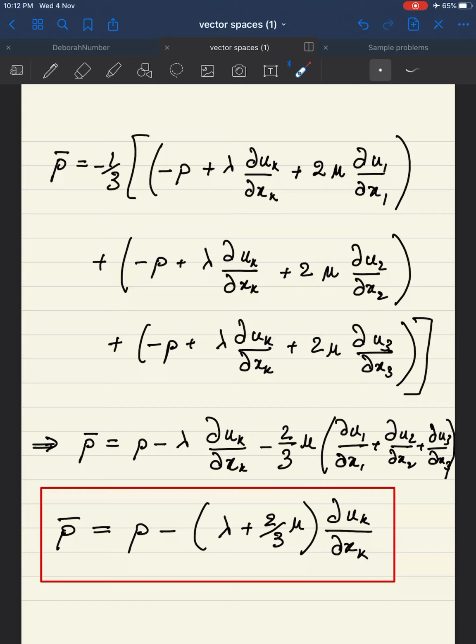Let's use capital K for this quantity, and this is also called the bulk viscosity.